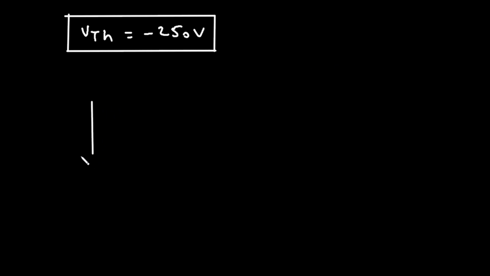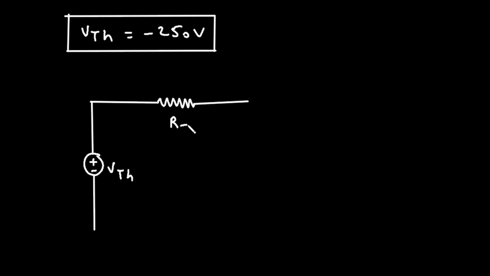So for Thevenin equivalent circuit, we need a voltage source VTH. So this is VTH in series with resistor RTH. That is Thevenin's resistance RTH and a load resistor RL.